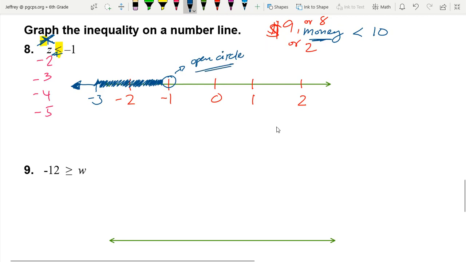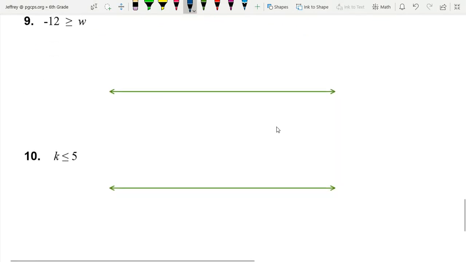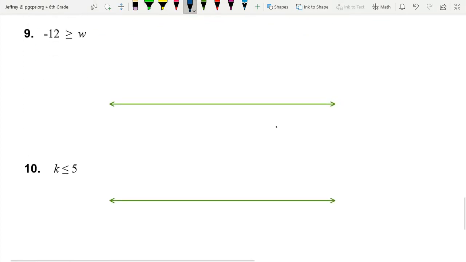Now, number 9. We have -12 is greater than or equal to w. So what are numbers that are greater than or equal to -12? That could be -15. Is -12 equal to -12?